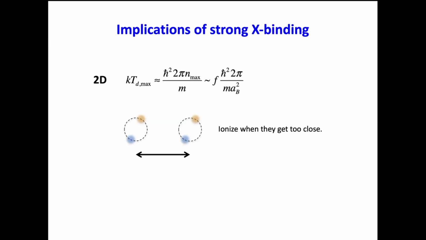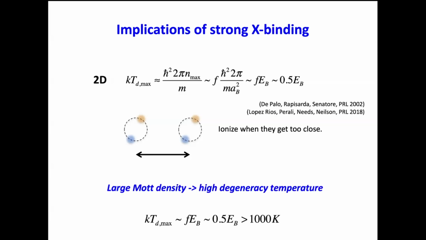So you can't really put them too close to each other, because otherwise they start seeing the internal structure of the electron hole pair. So how close you can pack these excitons before they ionize is that this maximum density is proportional to a factor divided by the Bohr radius squared of the exciton. And this factor here is nothing else but the binding energy of the exciton.